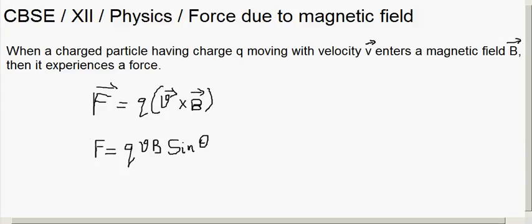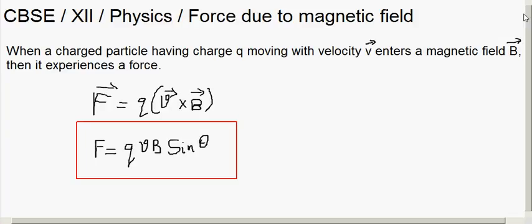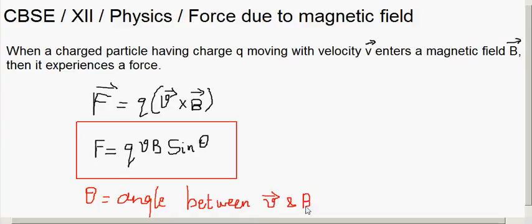But theta is the angle between v and B, the angle between velocity and the magnetic field. Now we will discuss different cases, like what happens to the force if theta is 0, theta equal to 90 degree, and what are these cases.